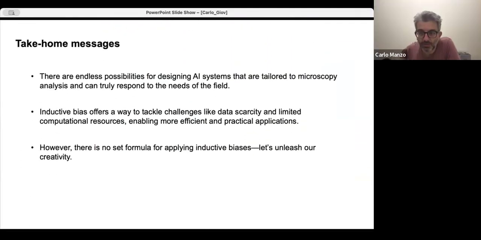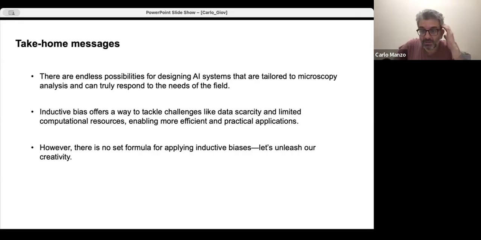Yeah, this basically was just to wrap up the general message of the presentation. There are many possibilities to design an AI system, because there is a lot of space for improvement, in particular in microscopy and imaging. Inductive biases in a general way, like designing the optimal architecture, representing the data in the most proper way, or even choosing the right loss function, can improve the performance by creating the constraints that I was mentioning before.